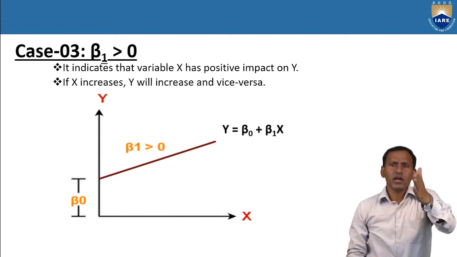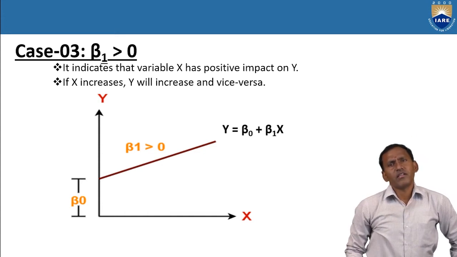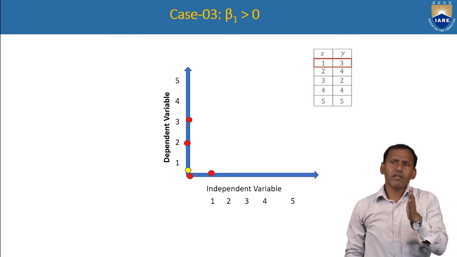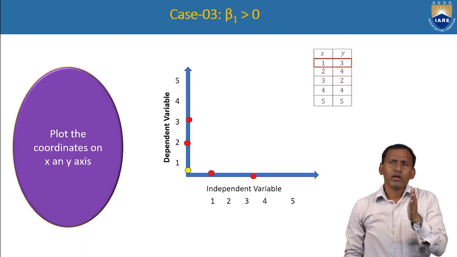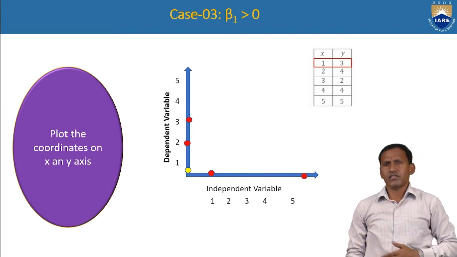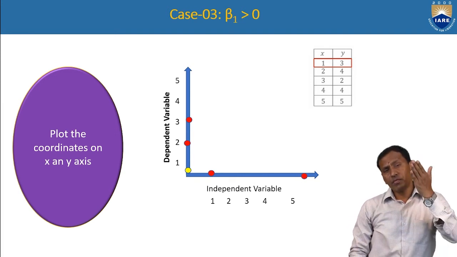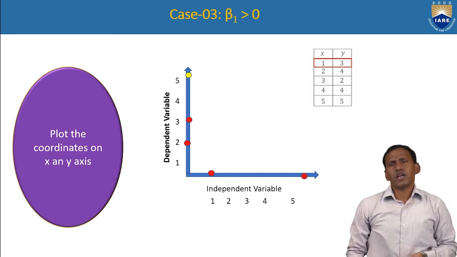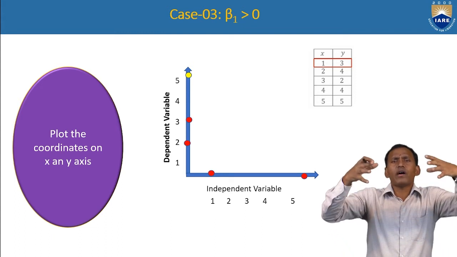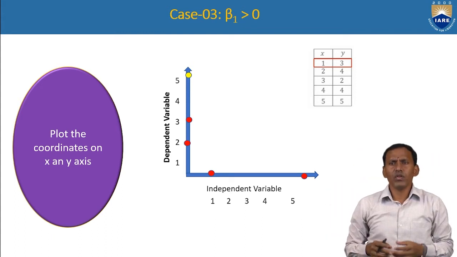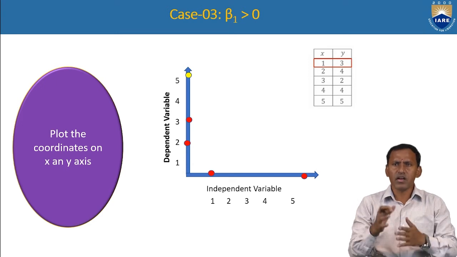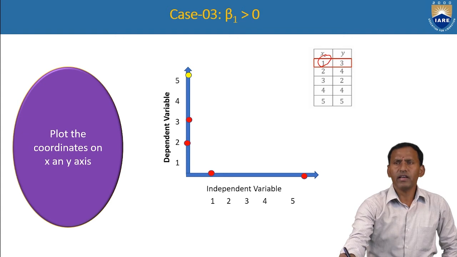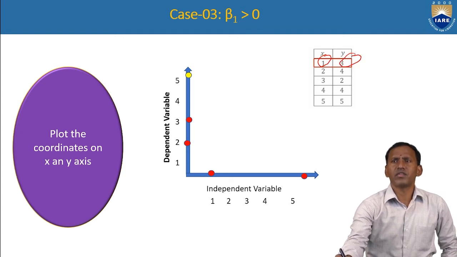The independent variable will influence the dependent variable in a positive manner. So this is the formula of simple linear regression, and according to the third case, whenever the independent variable increases, automatically the dependent variable also increases. Now if you want to plot the coordinates on the x-axis and y-axis according to simple linear regression, here the value of x is 1 and the value of y is 3.